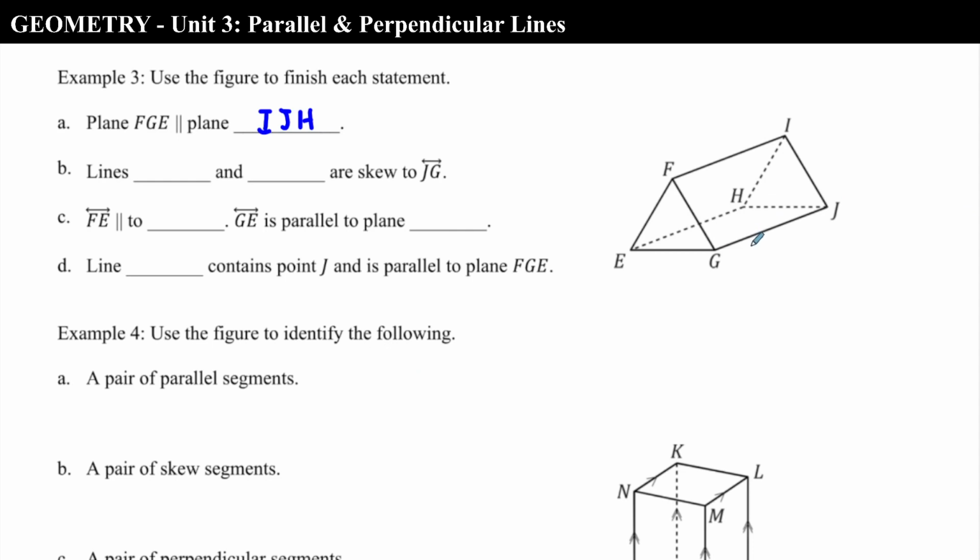So we have FE and IH. All right, FE is parallel to which line? That would be IH.